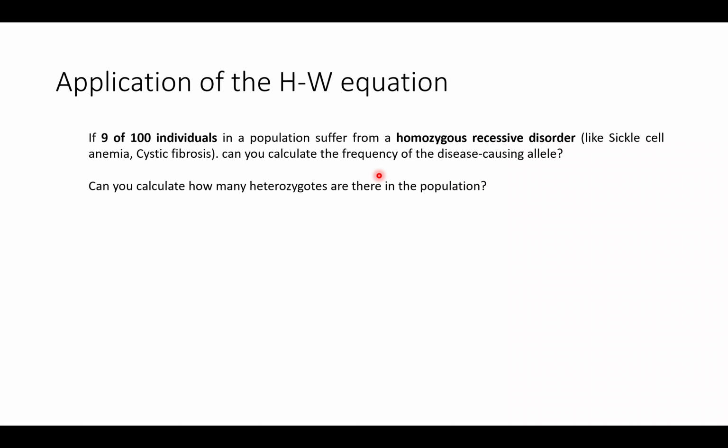Homozygous recessive. So the frequency is 9 out of 100 and it says homozygous recessive. So there is 2. That's how this word called homozygous also.